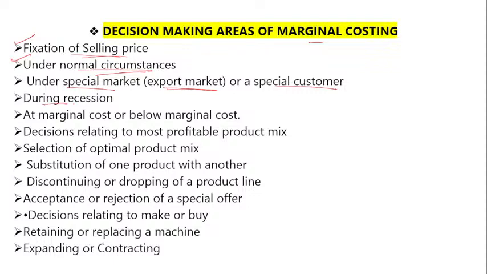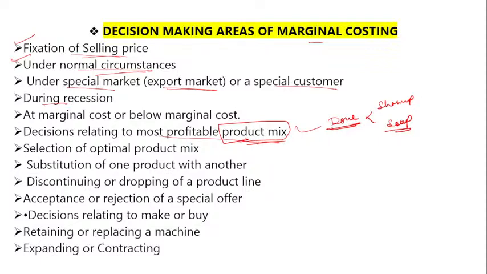During recession, decisions at marginal cost and below marginal cost, and decisions related to the most profitable product mix. Product mix means, like a Dove product has shampoo and also has soap. So this is a product mix.